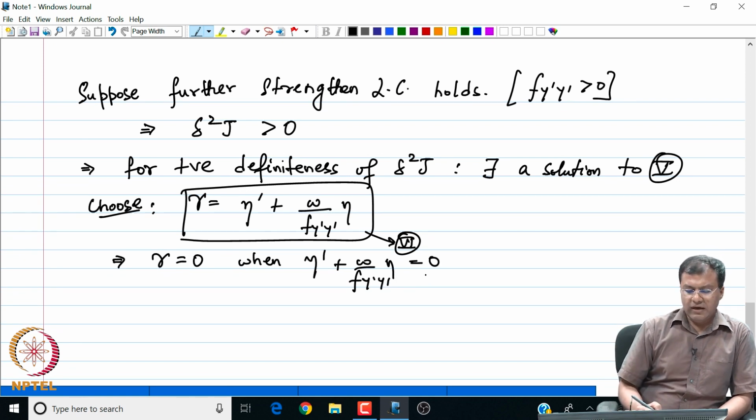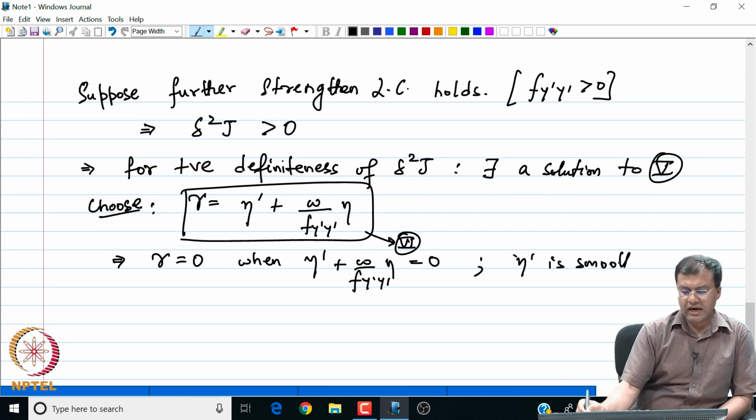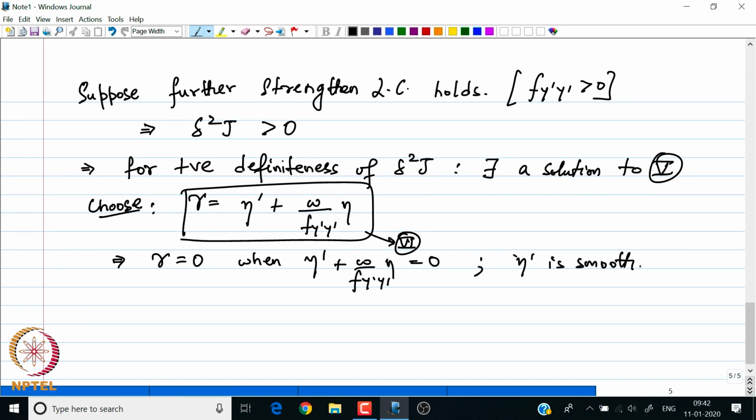Now, further we know that the function eta is smooth, right, which means that it contains all its derivatives, at least the first derivative as well as the function itself is continuous, and this is all given.